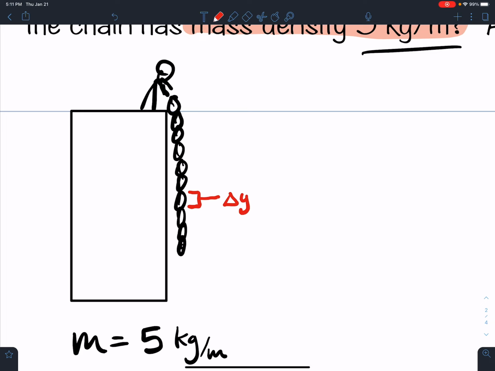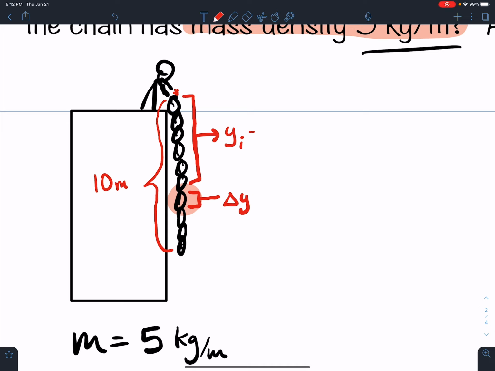I know this whole chain is 10 meters long, and I want to say the distance from where the guy's pulling it up to some arbitrary little segment of the chain, I'm going to call that distance yi meters.